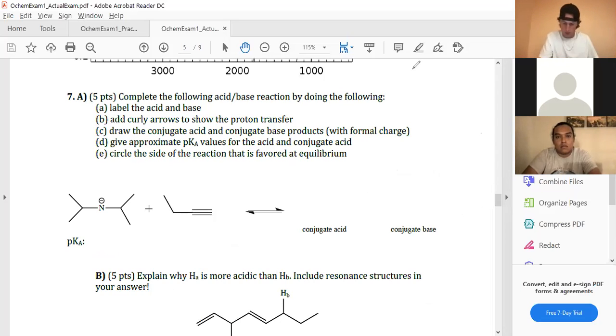Thank you. You're welcome. Okay, complete the following acid-base reactions by doing the following: label the acid, label the base, add curly arrows to show the proton transfer, draw the conjugate acid and conjugate base, give approximate pKa values. Have you guys done acid-base chemistry for this? Yes, but I don't understand the pKa. She lost me for the entire week.